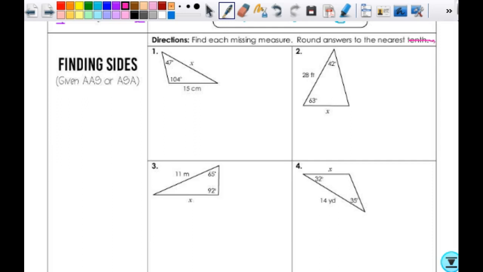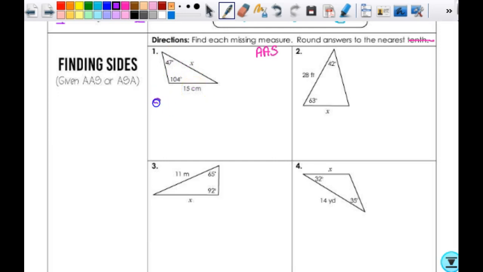I do have two angles that I've been given, and that's great, but I do not have the included side. Angle-side-angle would be the included side. So I have angle-angle-side. Since it's angle-angle-side, that tells me it's law of sines, which is the only one we know right now, so we know that has to be it. I have the sides and angles that are related to each other. 104 is across from x, 47 is across from 15.